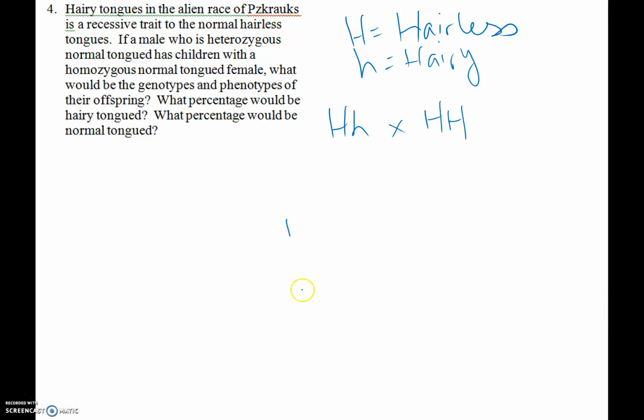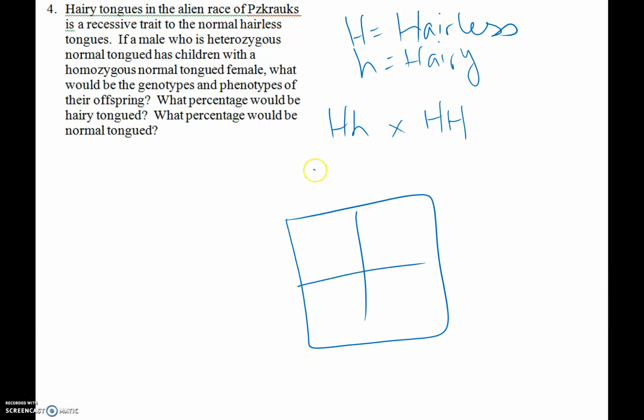So when we look at this, we would see that all of their kids are going to actually have hairless tongues, because the hairless is dominant.